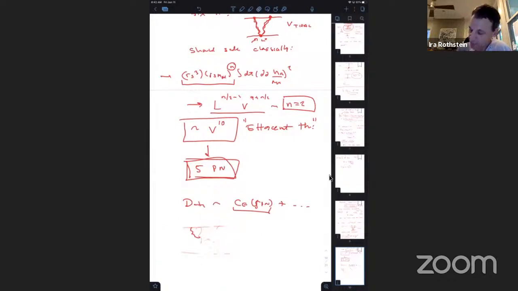Now, I should say, for the case of neutron stars, it's reasonable to believe that even though it scales as v to the 10th, it will be enhanced because the radius of a neutron star can be larger than the Schwarzschild radius. So it gets enhanced numerically, people believe, by, say, a factor of 10.